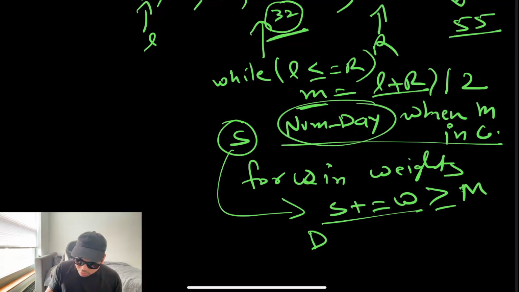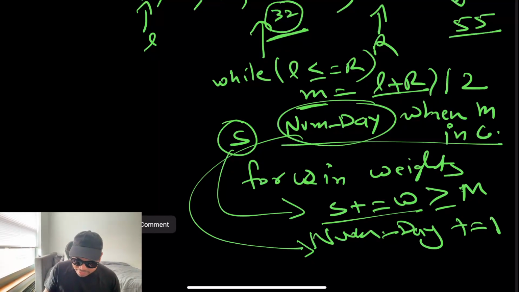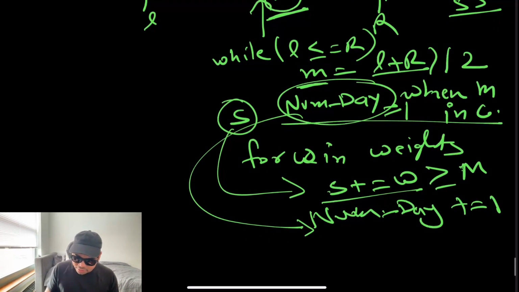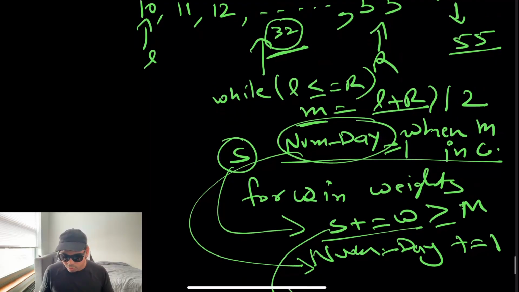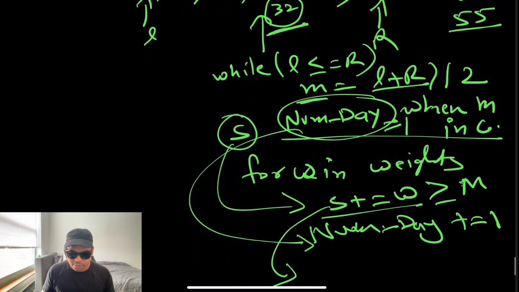This is what I'm trying to increment: num days, I will increment by 1. Initially I'll assign num days as 1, because I need at least 1 day to process that. Later I'll just keep adding to it. When we write the code you'll understand, but for now, theoretically, this is what we're trying to do here.